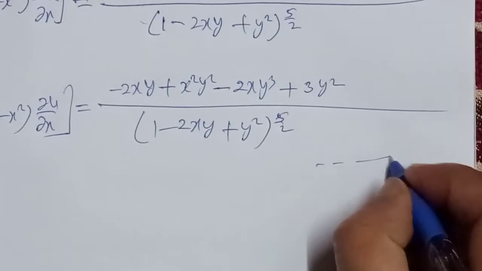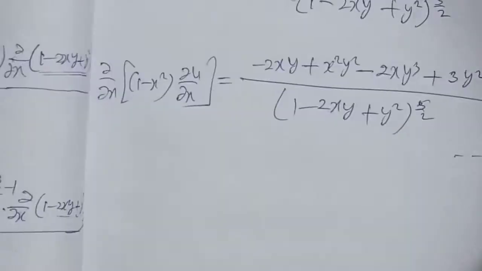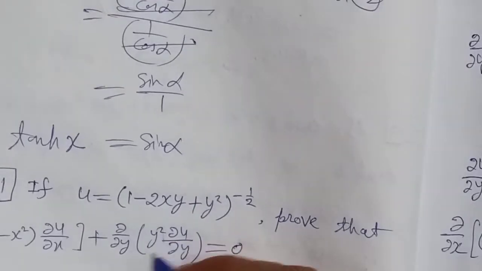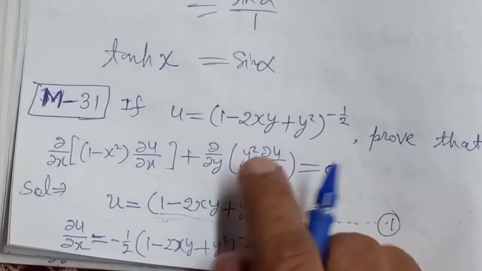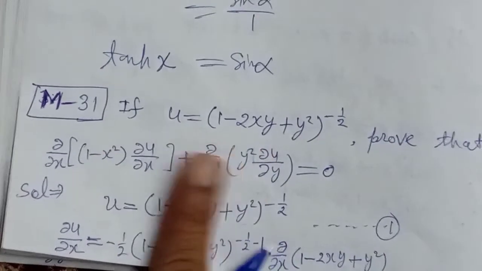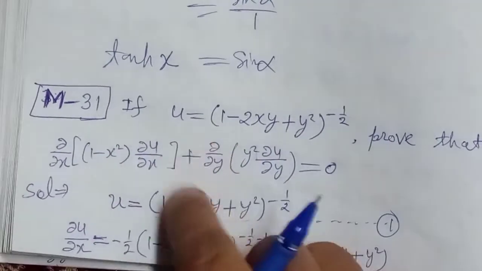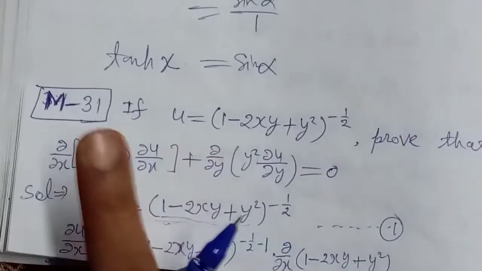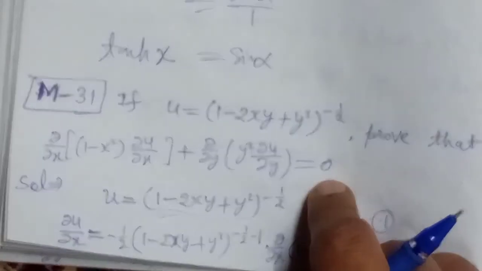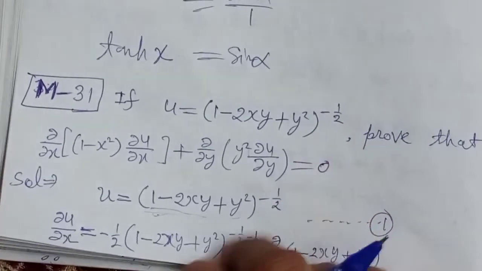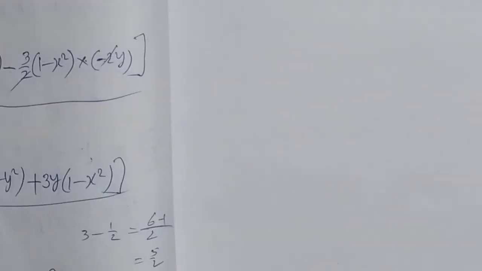Now I write it as equation number 4, and I also want to find the other value, so that after finding it we will add these two values and find the left hand side, which becomes the right hand side. Then we reach the proof.